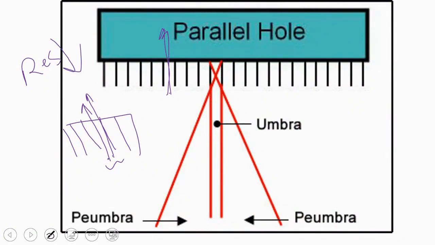Does it decrease or increase? It increases because you widen the diameter, which allows more counts of photons to pass through. So, if the hole's diameter increases, your sensitivity increases while the resolution decreases.